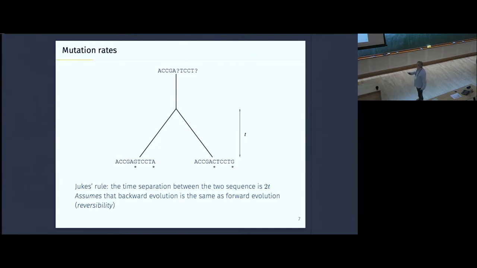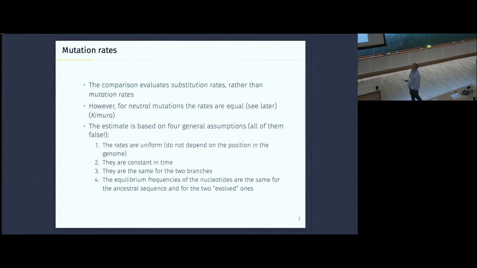And if you think about it, it has essentially one strong assumption: that the probability of backward evolution is the same as forward evolution, in the sense that you can go back from here and go forward from here, and you simply add twice this t. So in some sense this already assumes that there is some symmetry between going backwards and going forward. We're going to discuss that a little bit.